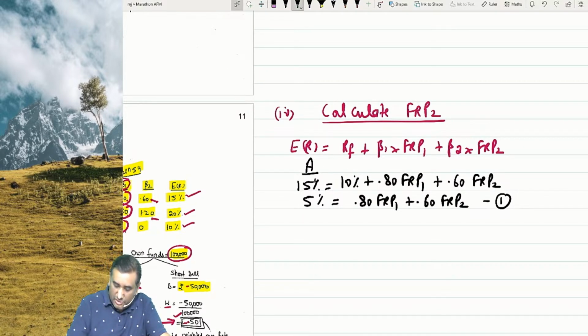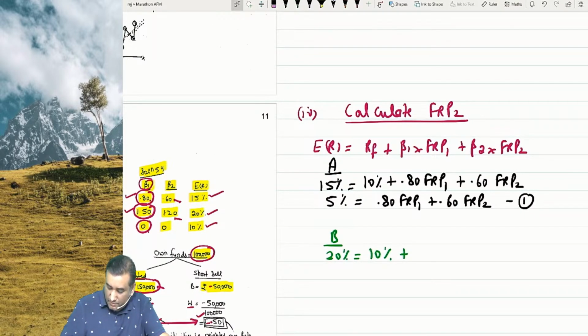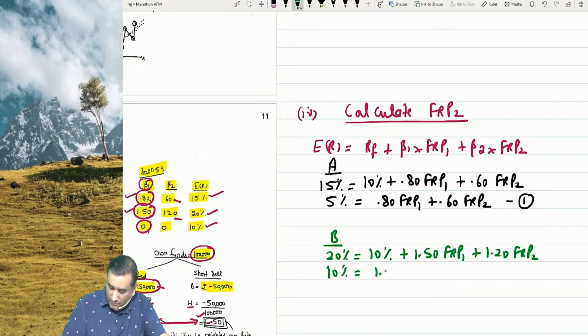Can we make the equation for B? Expected return is 10 plus 1.5 FRP1, then 10%, 1.5 FRP2. This is equation 2.